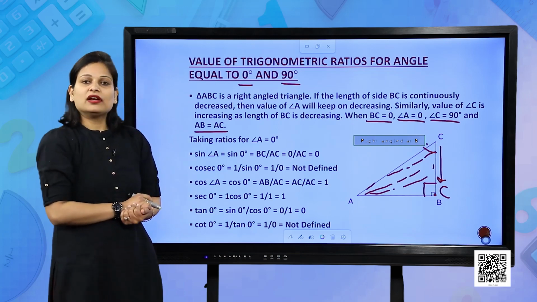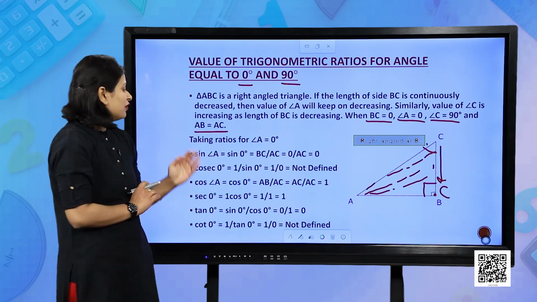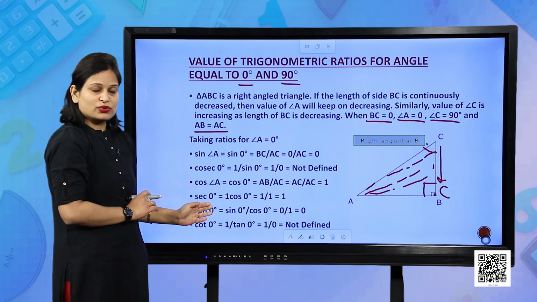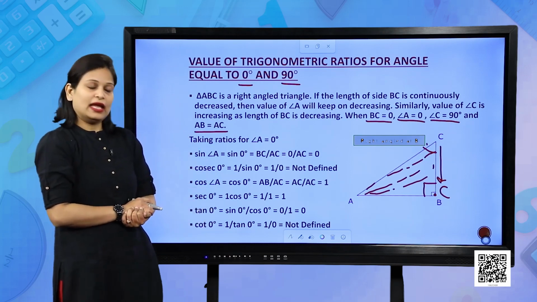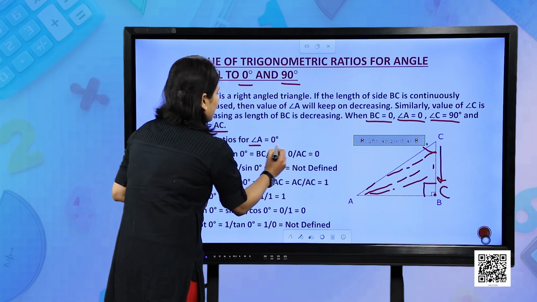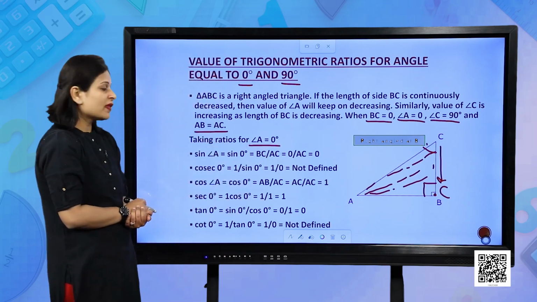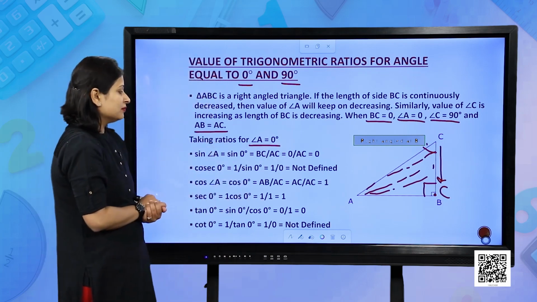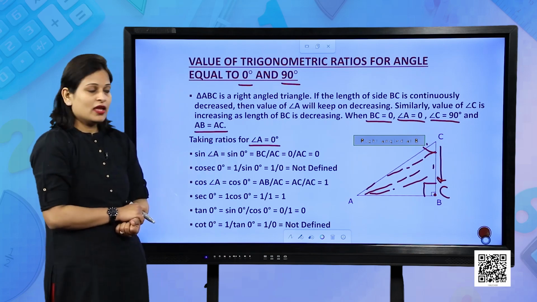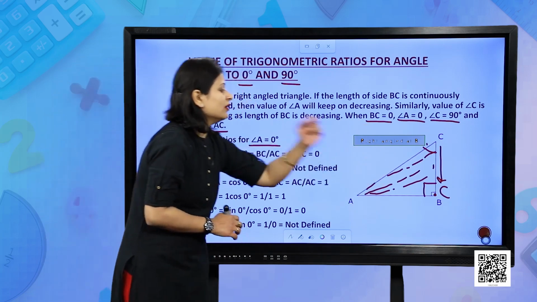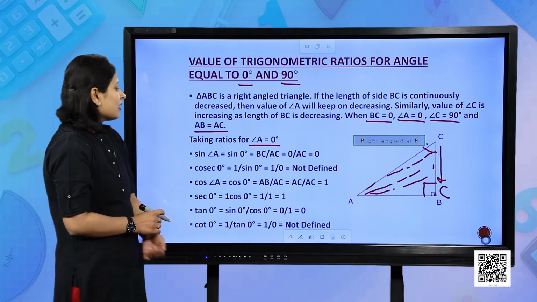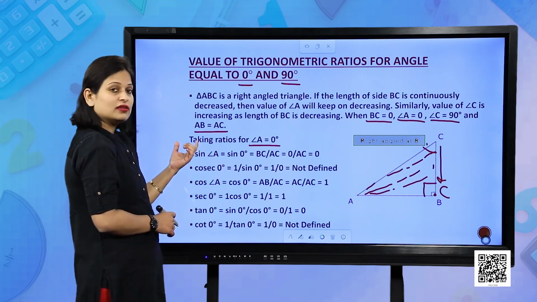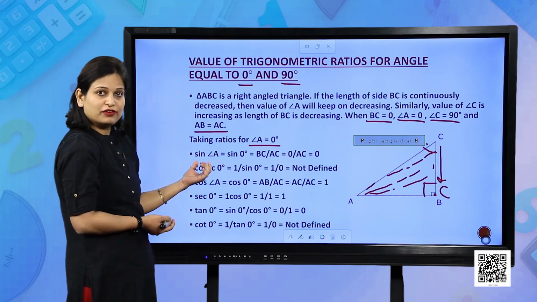Now, first of all, we will take angle A. We will find out the trigonometric ratios with respect to angle A. Angle A is 0 degree. Now, sine of angle A means sine of 0 degree. If we consider this triangle ABC, what will be the sine function according to the definition?